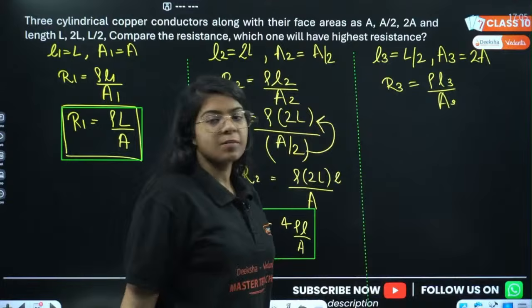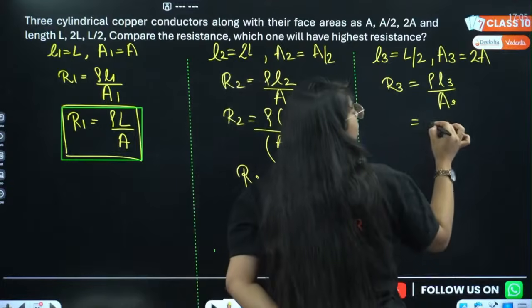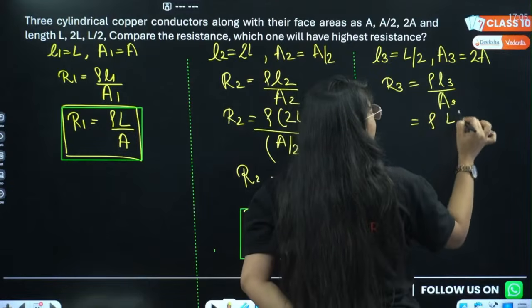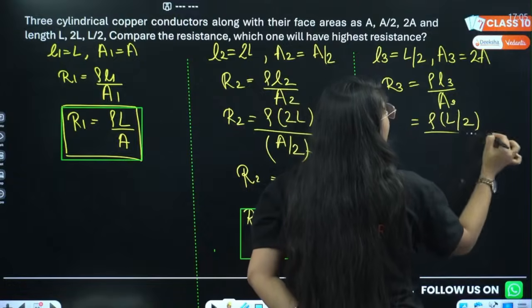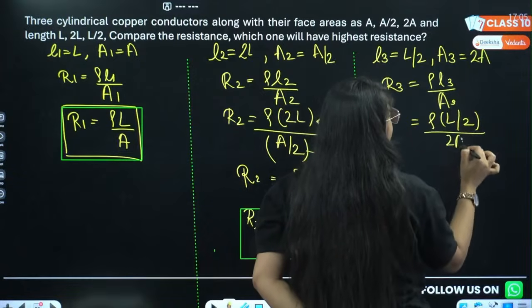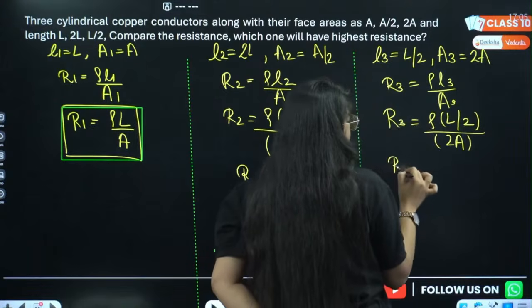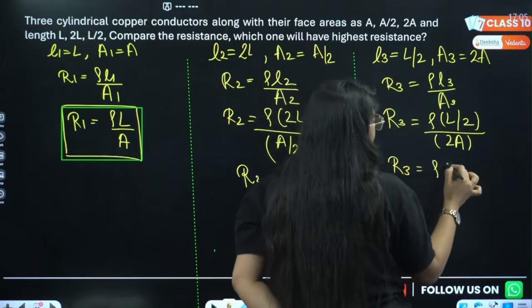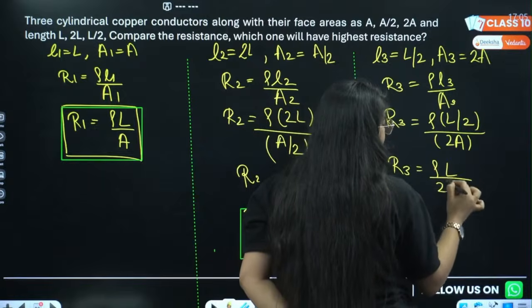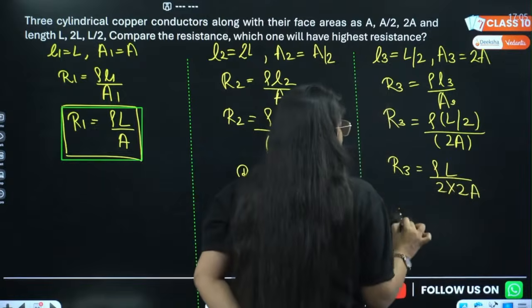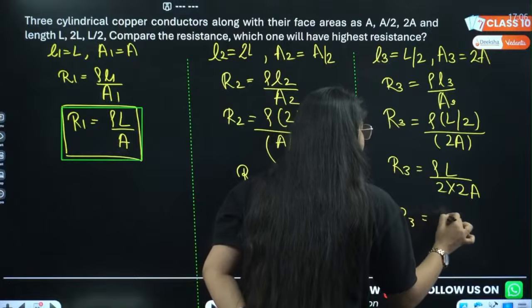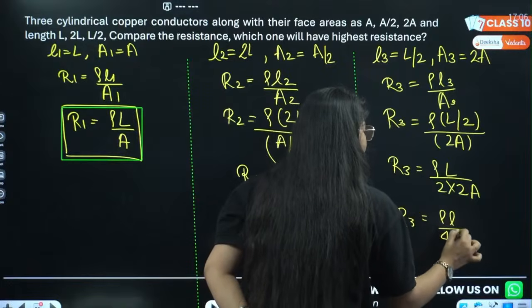So rho into L3, which is L by 2, and A3 is 2 into A. This is R3. Now R3 is simply rho into L by 2 into 2A. So R3 will be rho L by 4A.